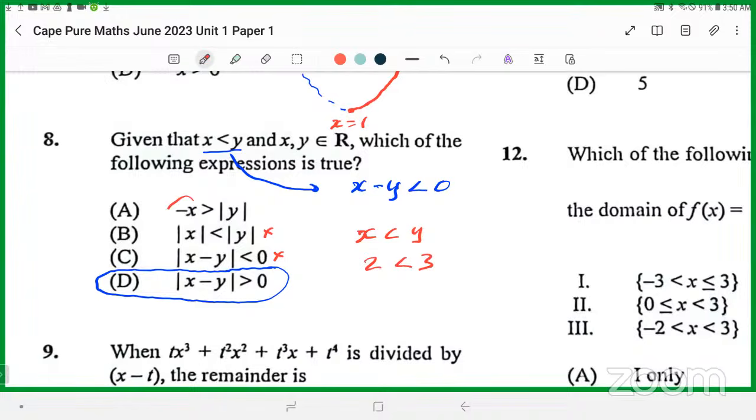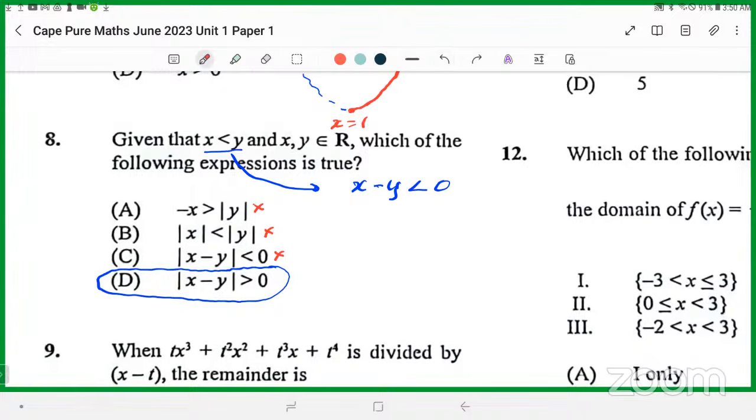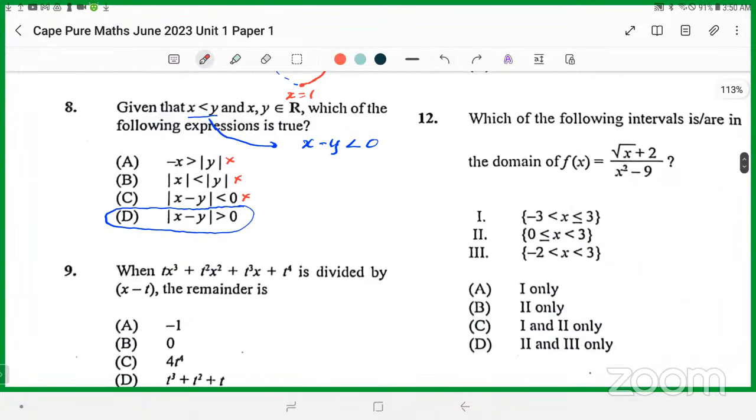And then if I negate this side, I'm going to get -2. And if I take the modulus of this side, it is still 3. The sign is still less than. So therefore, this one is not true because they have a greater than. So this is not true as well. In any case, the last one is the answer, because this is true regardless of the value of x and y. The modulus is always greater than 0. So that's why that one is true.